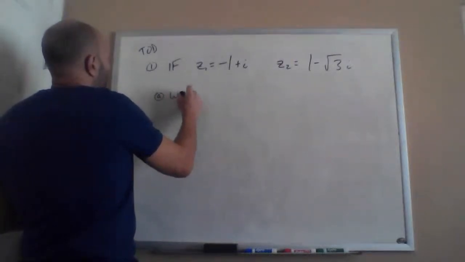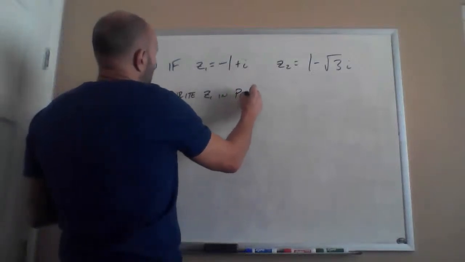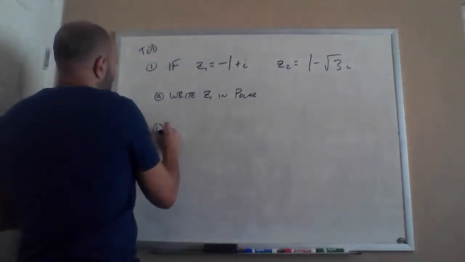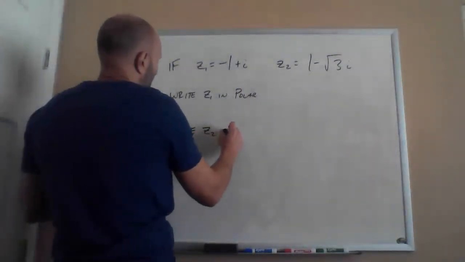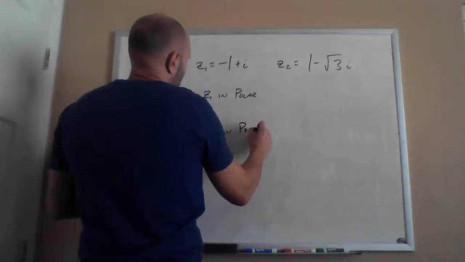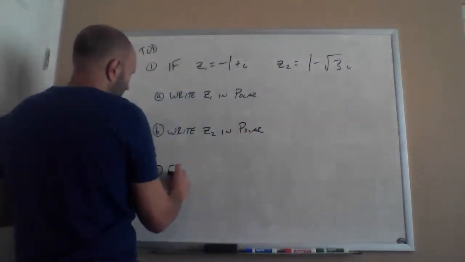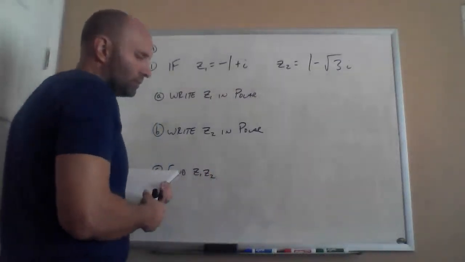So write Z1 in polar form, write Z2 in polar form, and lastly, find Z1 times Z2.